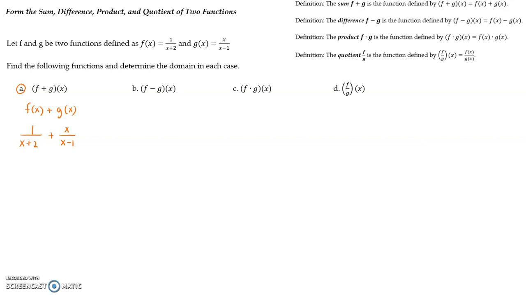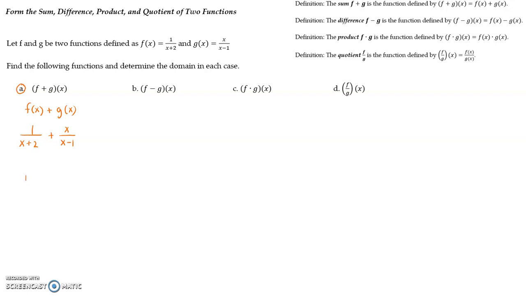Remember that when you're adding fractions together, they have to have a common denominator. One denominator is x plus 2, and the other is x minus 1. So our common denominator has to have both of those factors.